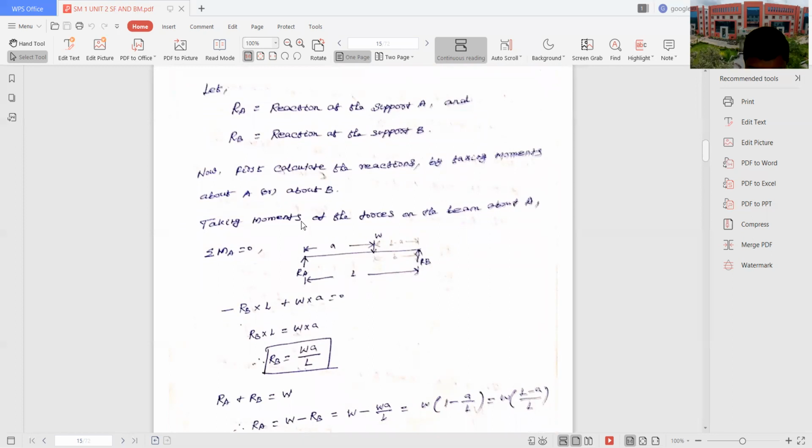So now I am taking the moment at A. Therefore, here this force RB into distance L. This is towards the section I am taking, RB is like an anti-clockwise force.